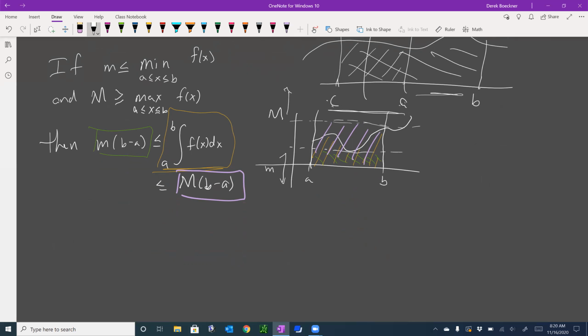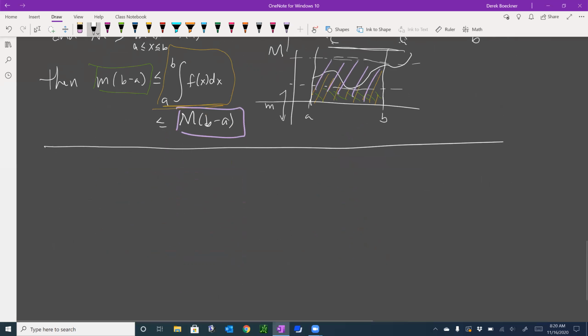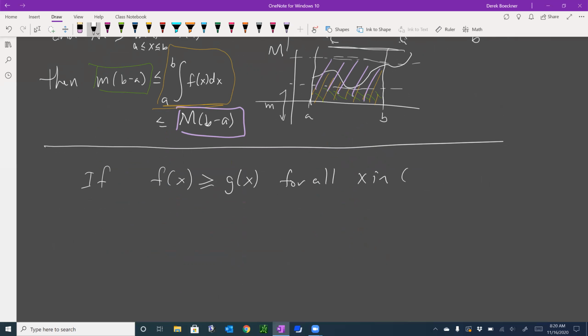And then this one. If f of x is bigger than or equal to g of x for all x in [a, b], then the integral over [a, b] of f of x dx is bigger than or equal to the integral over [a, b] of g of x dx.